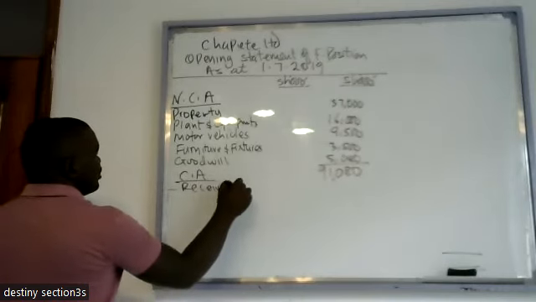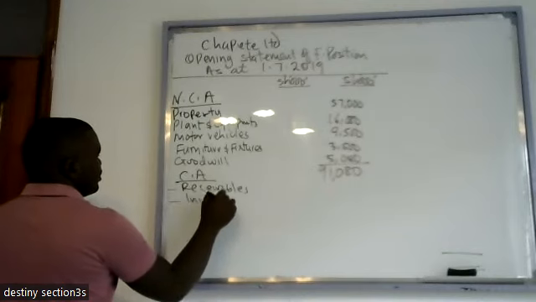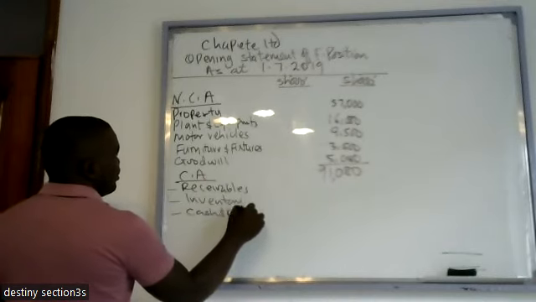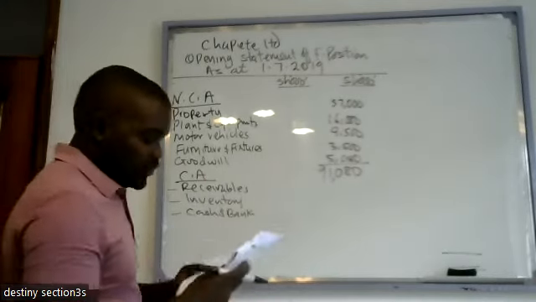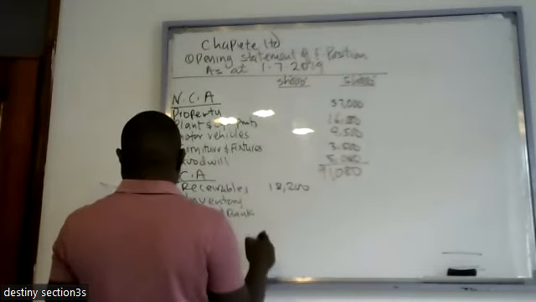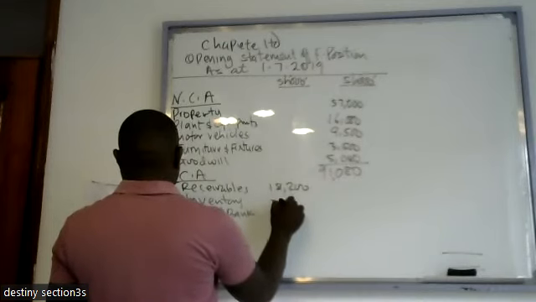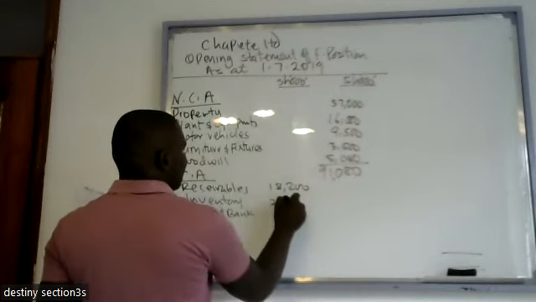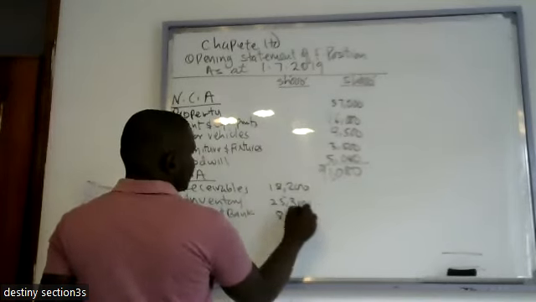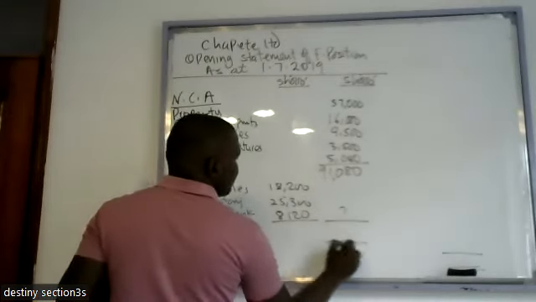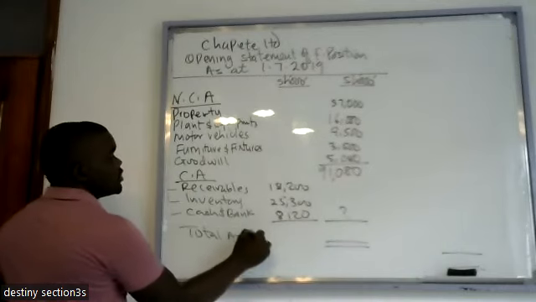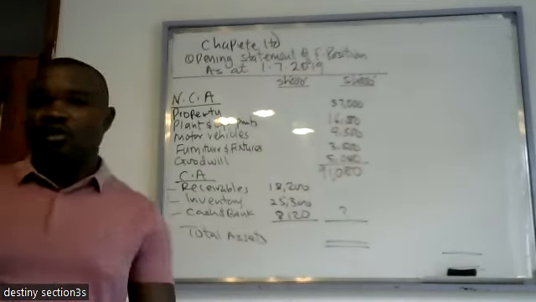Current assets, book value. Receivables, inventory, cash and bank. So they were taken over at book value. Receivables 18,200. Inventory 23,300. Cash and bank 81,20. What I want from you is total assets.